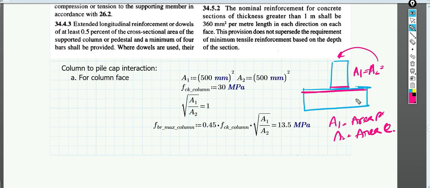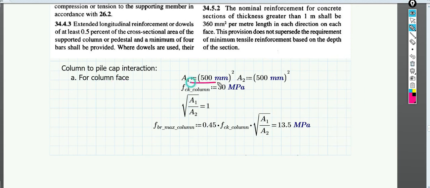That means while finding out the bearing forces, you have to consider two cases: at the column face as well as at the pile cap face. Understood?